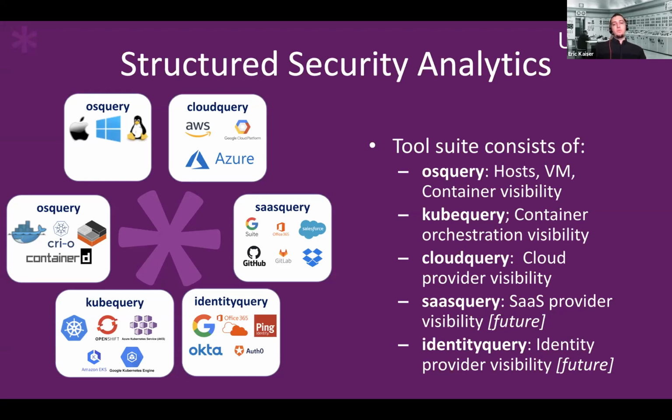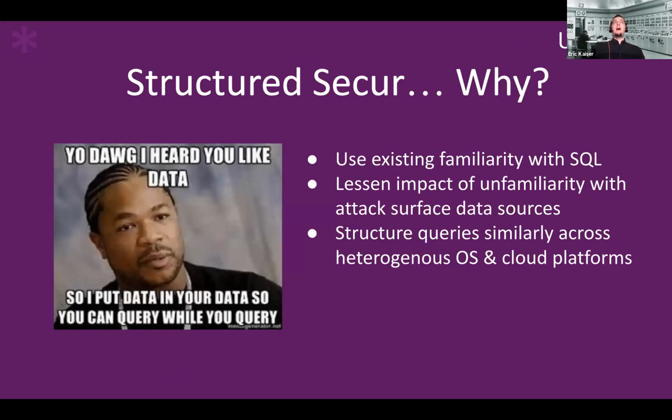We're also exploring, although not released yet, but hopefully in the future, SaaS query, again, to return data from your SaaS providers in a structured format, and identity query for the same information, also structured, from your identity providers.